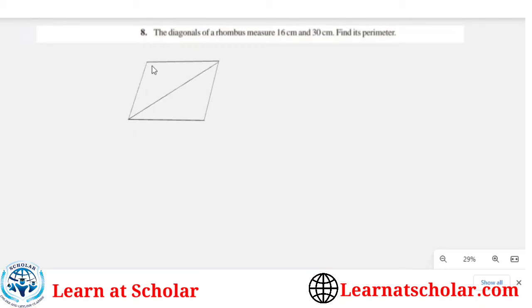Now the 8th question, which is based on rhombus. All the 4 sides of a rhombus are equal and diagonals bisect each other at 90 degree. In the question, they are asking the perimeter of the rhombus.